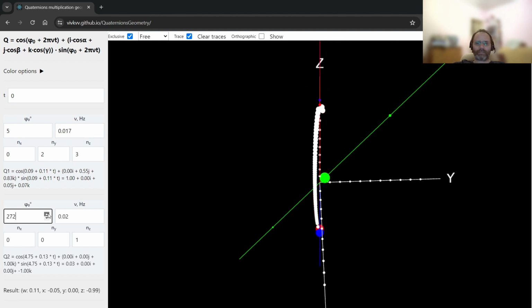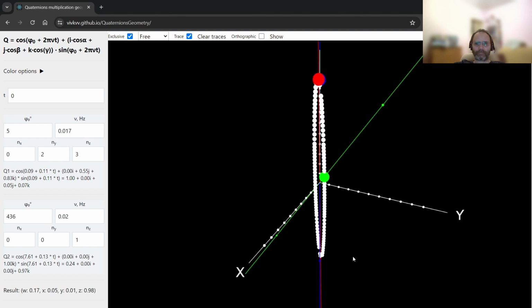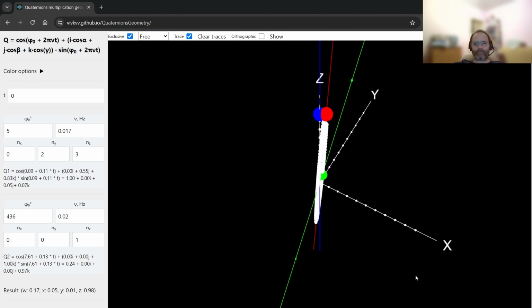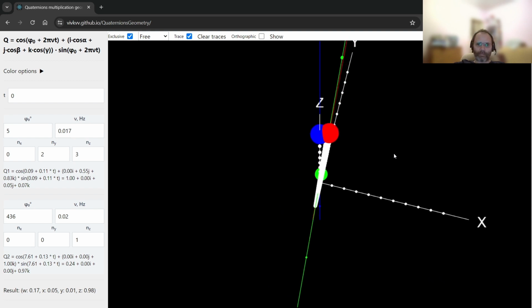We can see that this rotation is very small indeed, but comparing to the first rotation, it is made in the opposite direction.